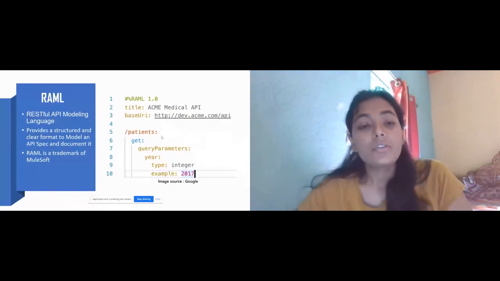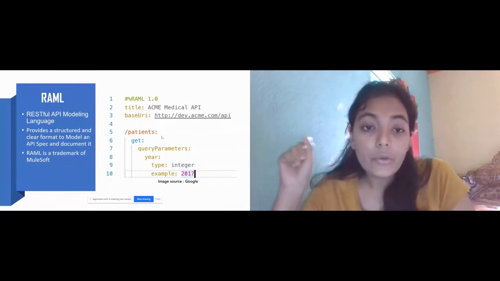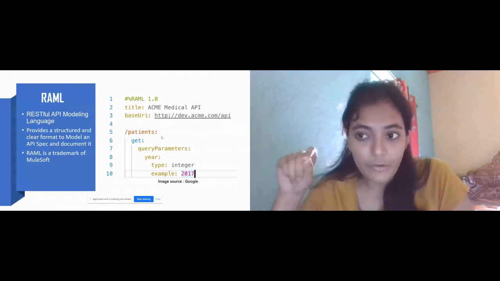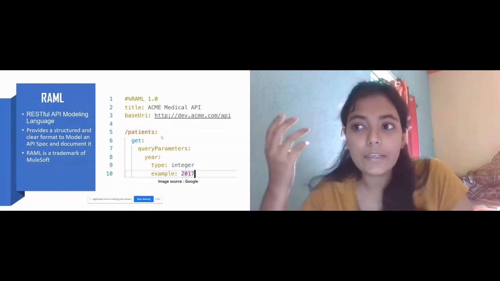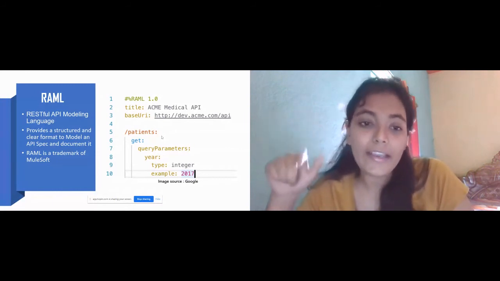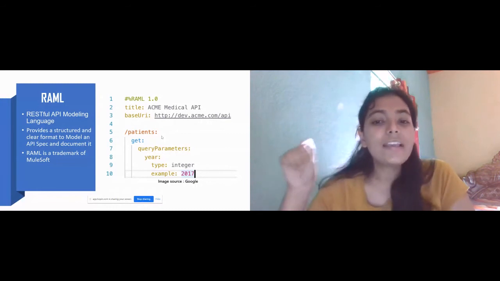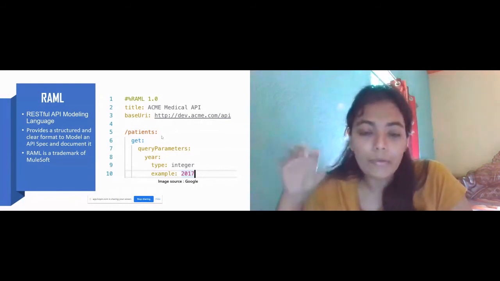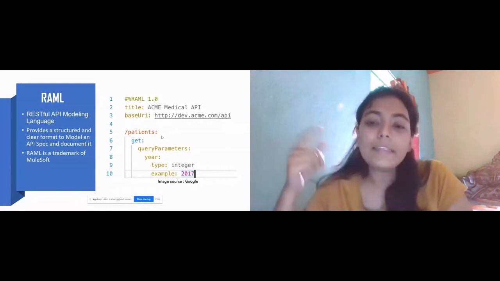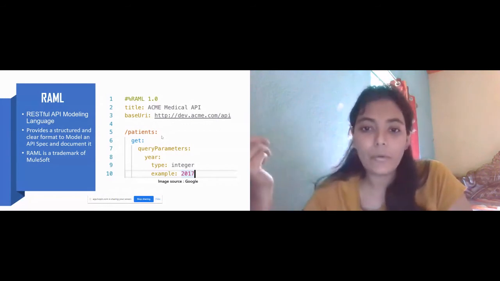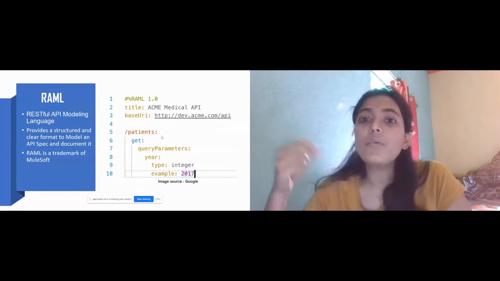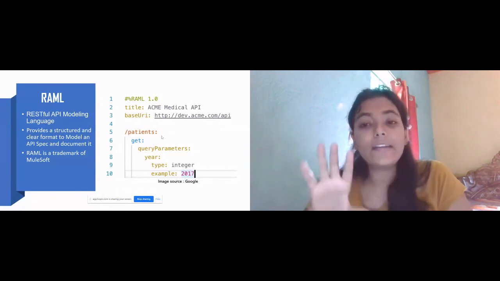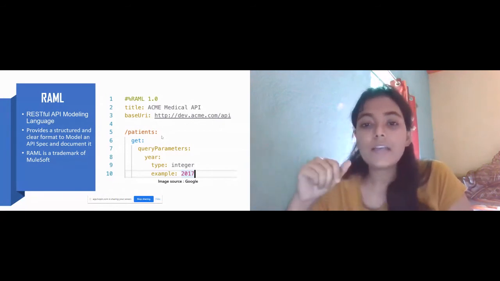And yeah, when we go to Anypoint Platform or Anypoint Studio, what I said, you can design an API using the drag and drop feature, right? So there you don't need to write the RAML code. Once you do drag and drop, internally it creates the RAML code. Apart from that, if you need to add some more logic to it, then you can edit your RAML code. Otherwise, Mule internally creates the RAML code.